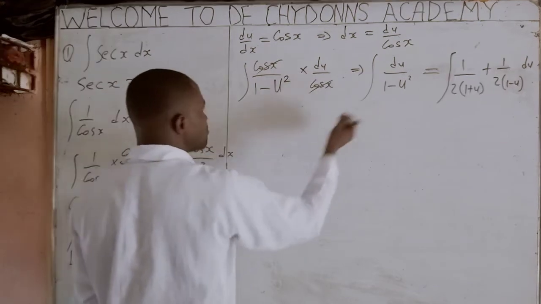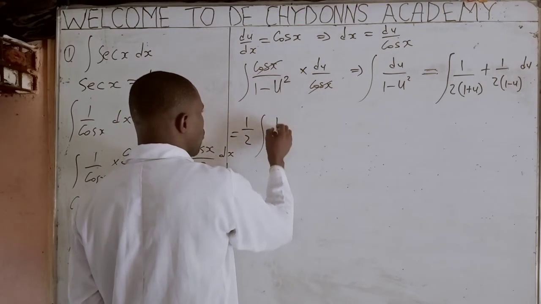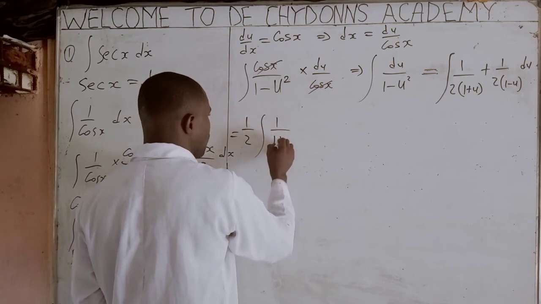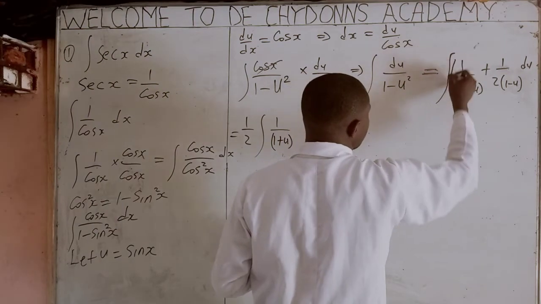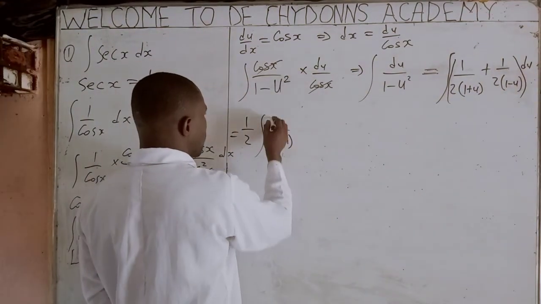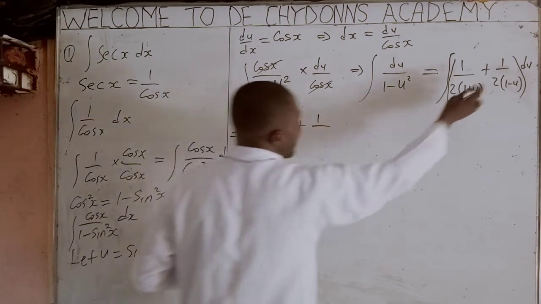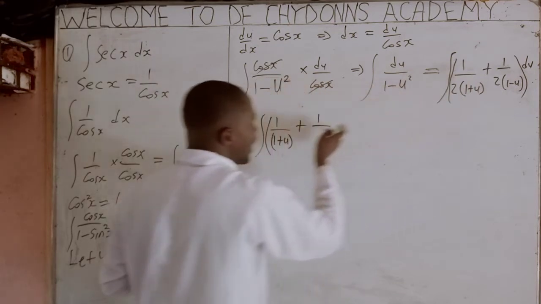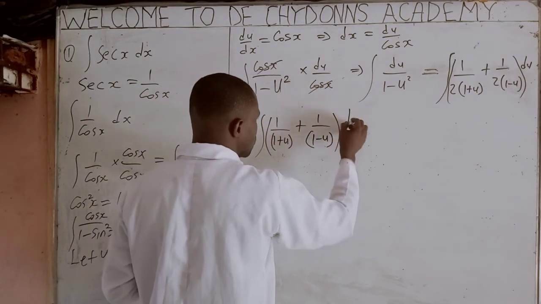We now say this means 1 over 2 integration of 1 over 1 plus u, this is in bracket, plus 1 over 1 minus u, because we are removing 1 over 2 from the two terms.